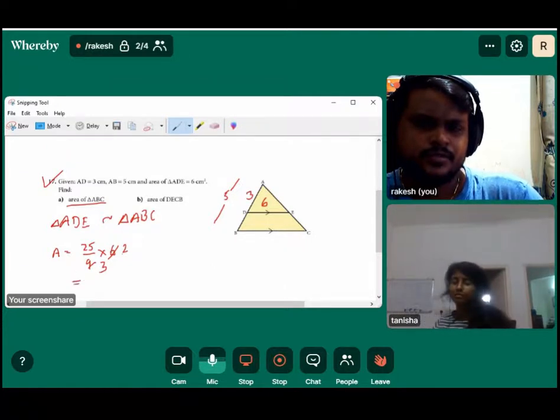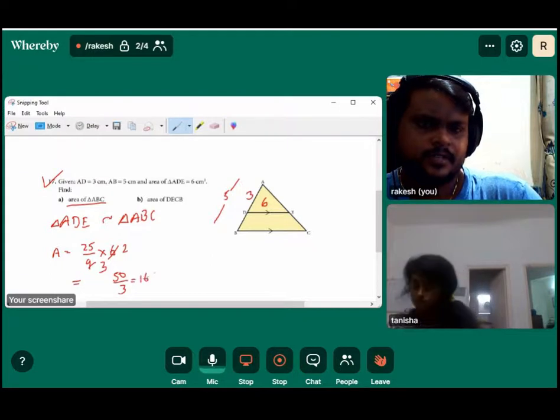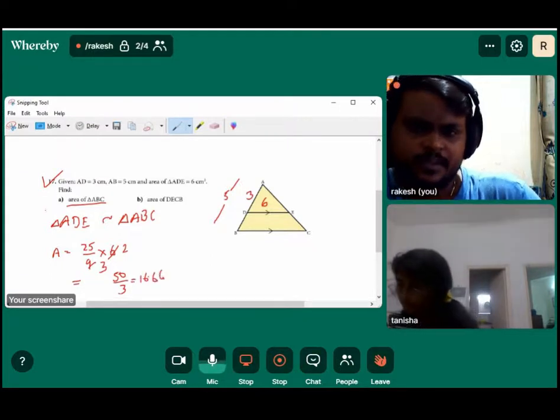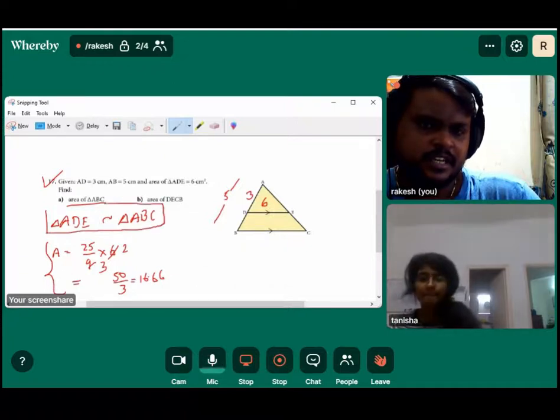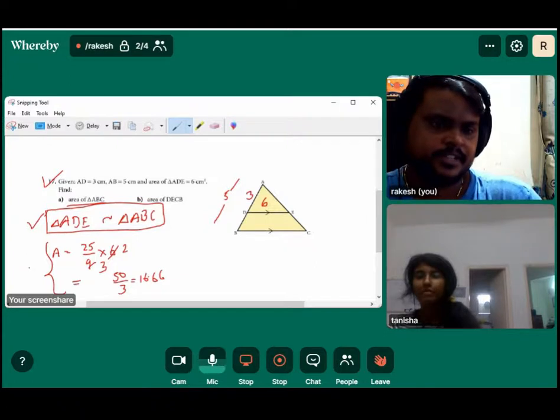Right? So that is 50 by 3. What did you say? 16.66. But so this is the solution basically. But have you proved this? Or how would you prove that both the triangles are similar?